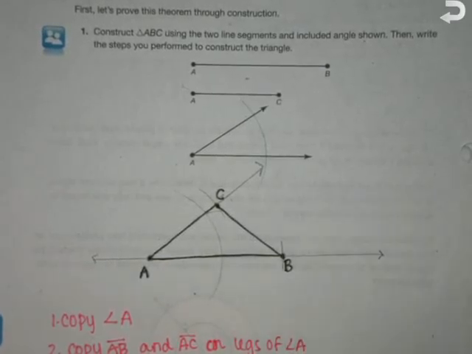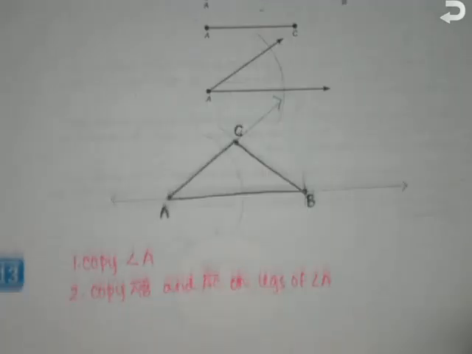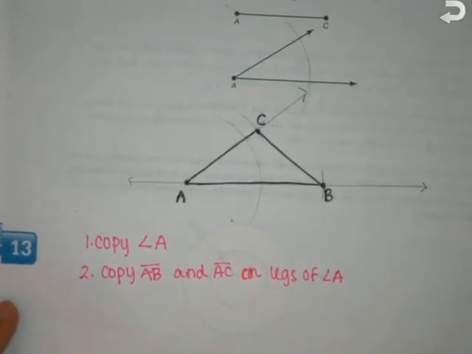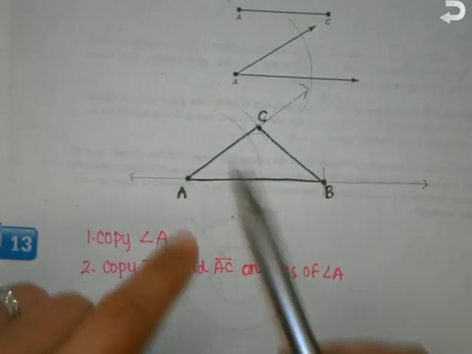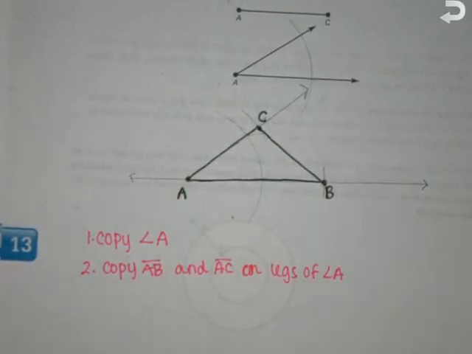So just in case we need to do it again, that's what we did. We copied the angle, and then from that angle, we can draw segment AB and segment AC. And the last step would be to draw triangle ABC.